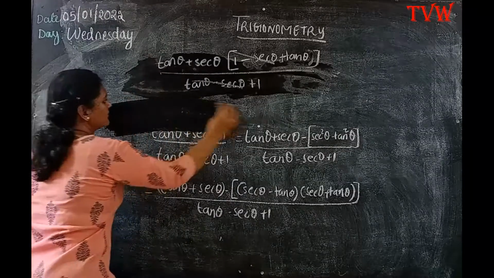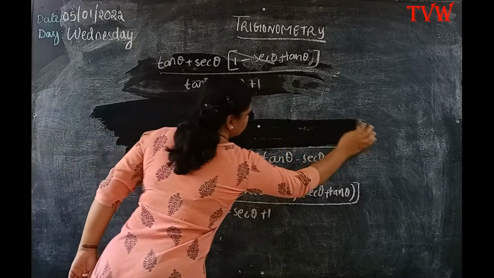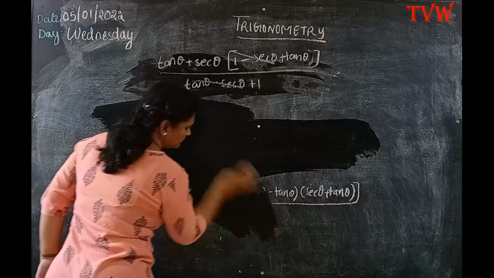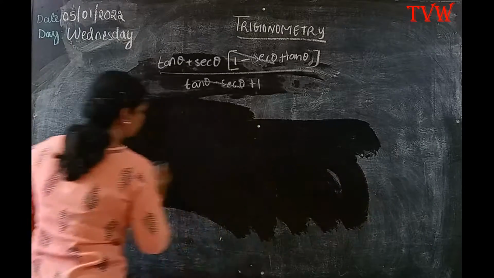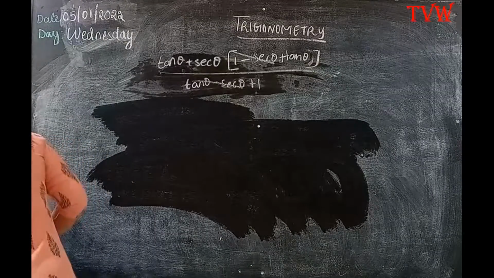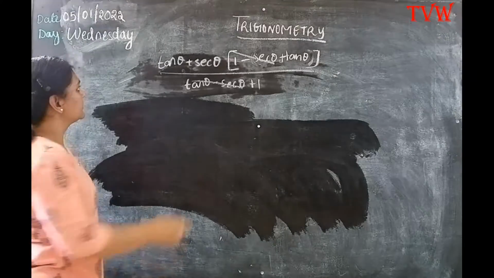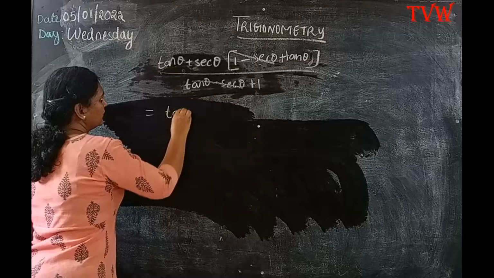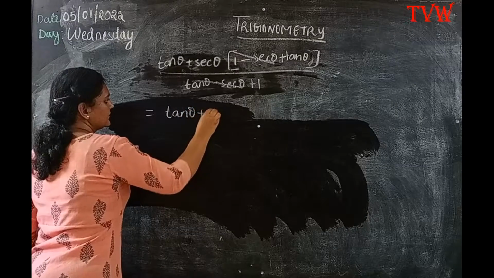Once I cancel these terms, all that I have left is equal to tan theta plus secant theta.